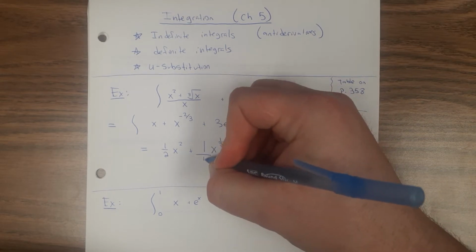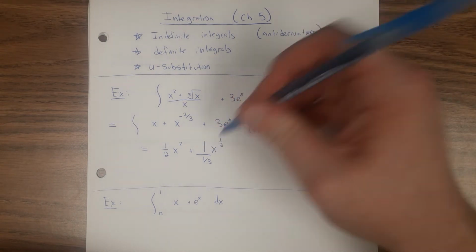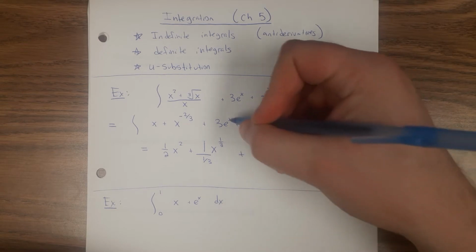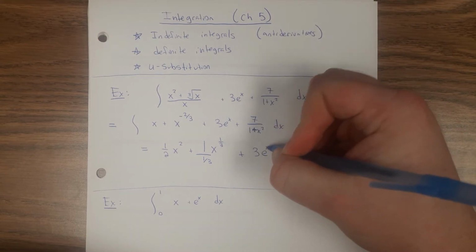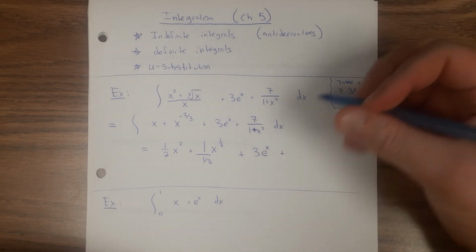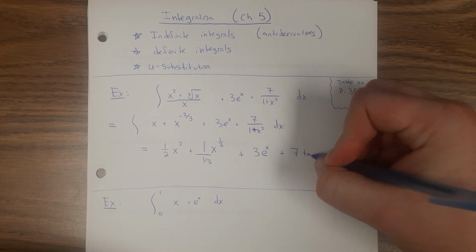So it's 1 over 1/3 that I'm writing there. Once again, this is just going to look like it's staying the way it is because the antiderivative of e to the x is e to the x. And as we discussed, this one is 7 arctan.